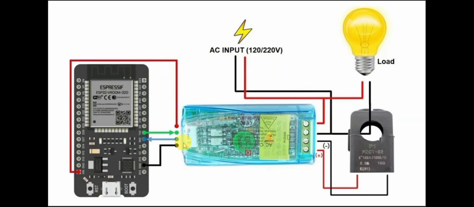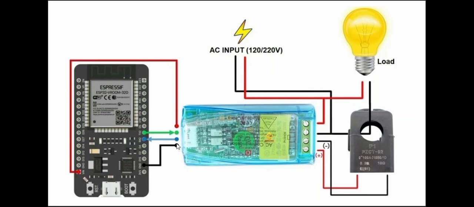The AC power flows to the line through the module. The sensor measures the current.